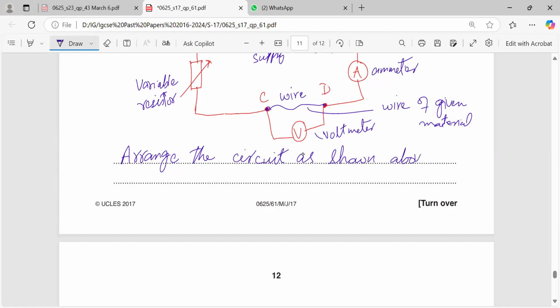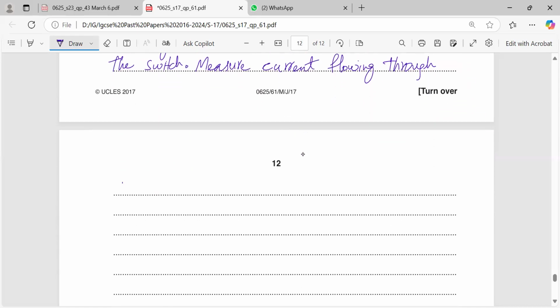Then close the switch, measure the current flowing through the wire connected between C and D, and measure the potential difference, PD.